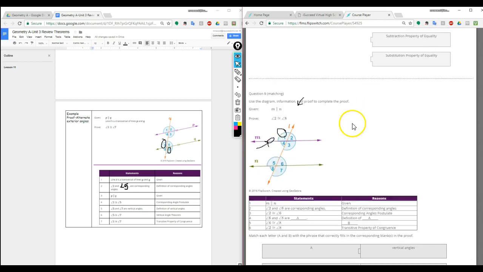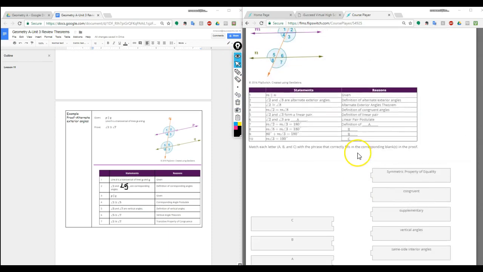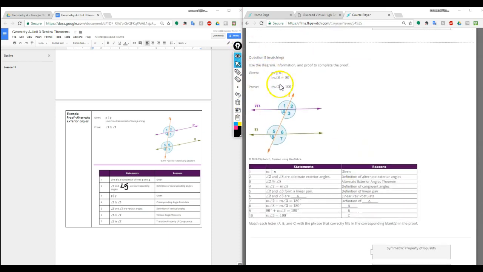And now the next question that we're going to do is question 8. Use the diagram, information, and proof to complete the proof. Given that line M is parallel to line N, the measure of angle 8 is 80 degrees. Prove that the measure of angle 3 is equal to 100 degrees.